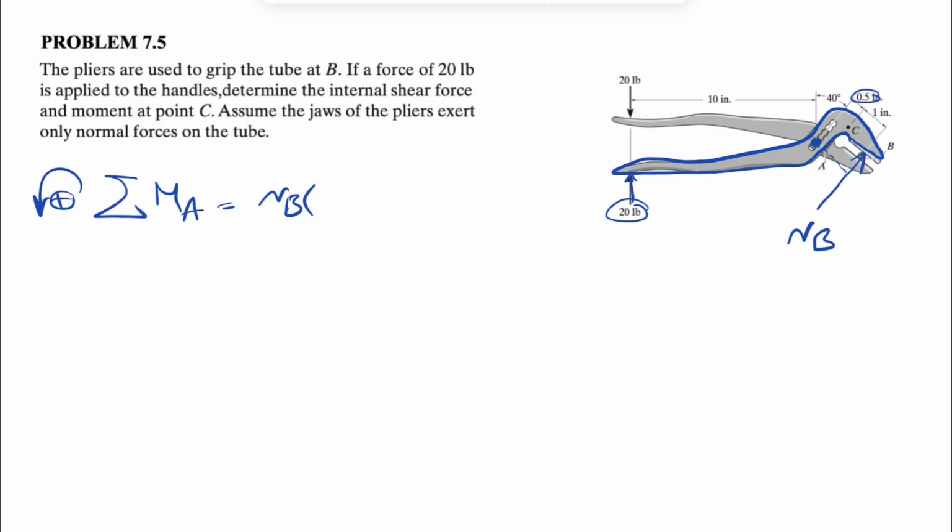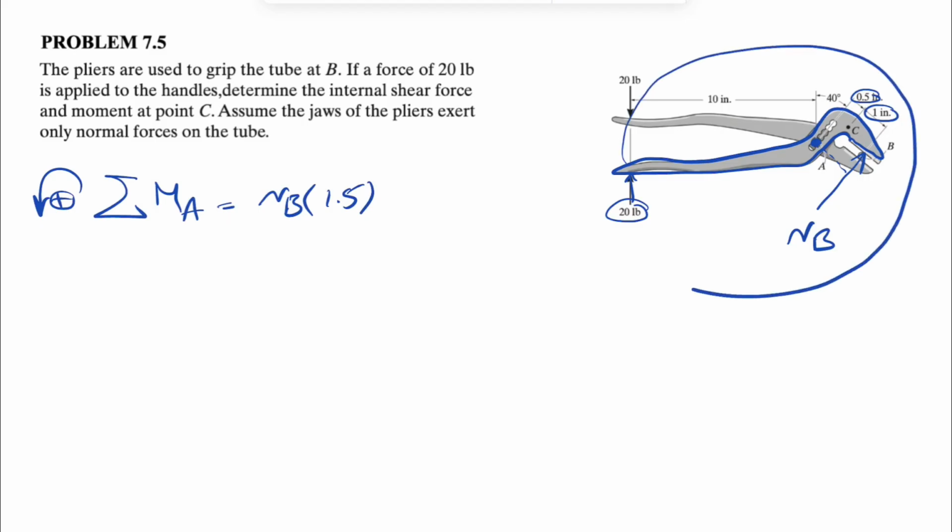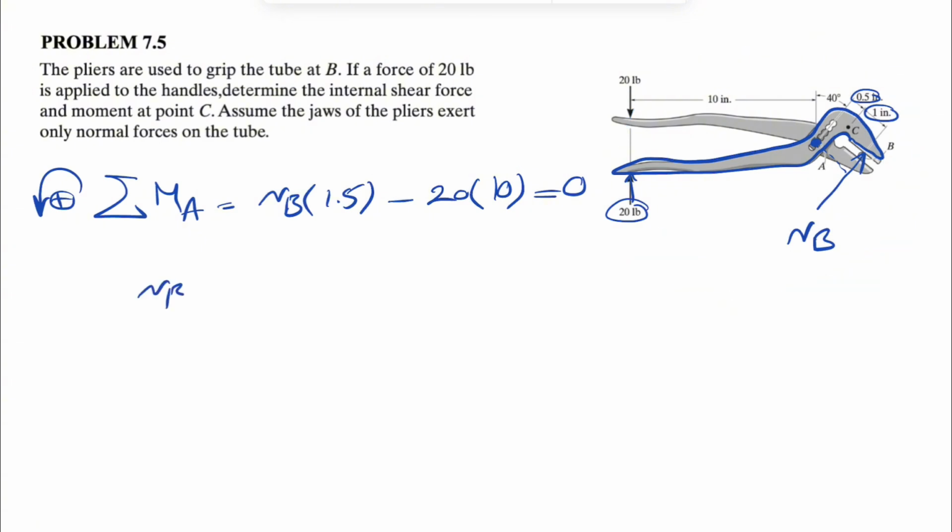So we're talking about this distance, which is 0.5 plus 1, or 1.5 inches. And we also have the moment of the 20 pounds. This one about A is going to be clockwise, so minus 20 times the distance from A to the handle, or 10, equals 0.